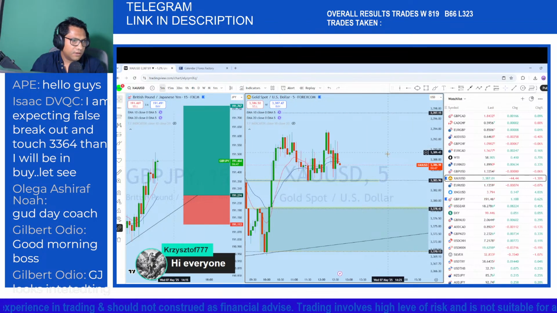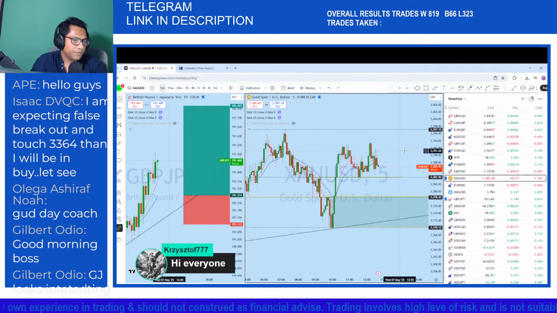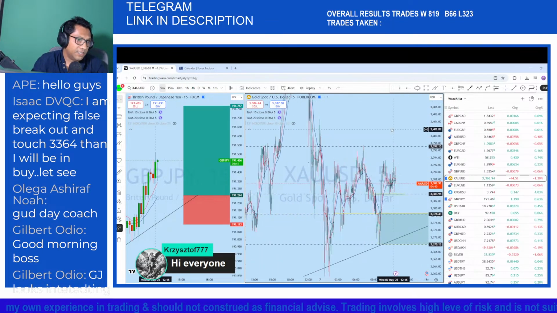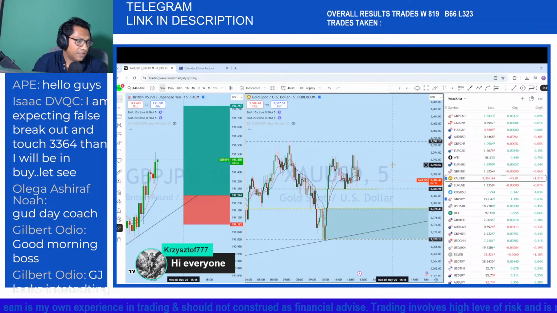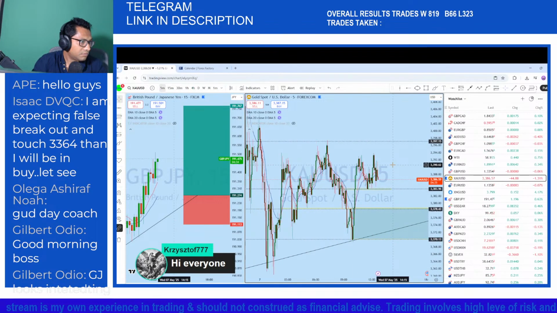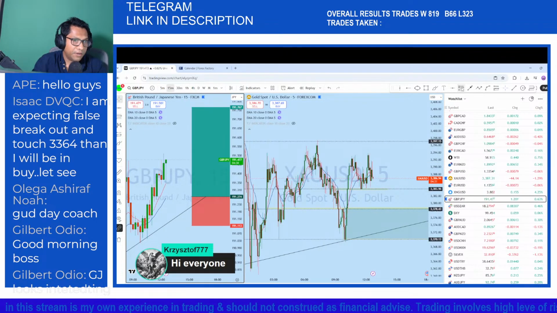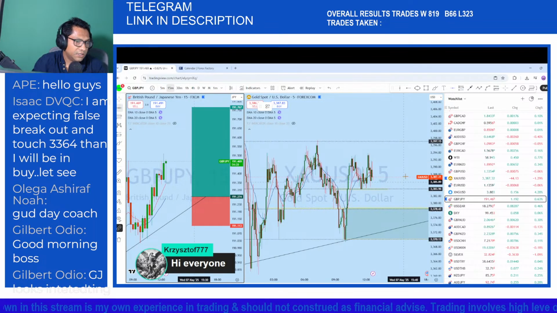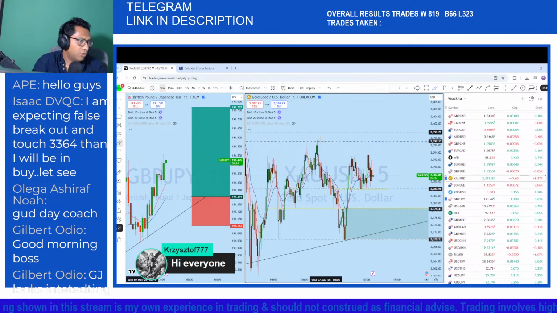Looking at this consolidation, the market may not be able to trend very aggressively until the FOMC. Therefore any break below this bull flag is where the opportunity for long is.